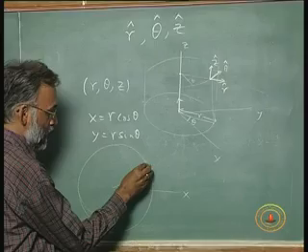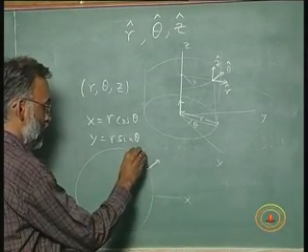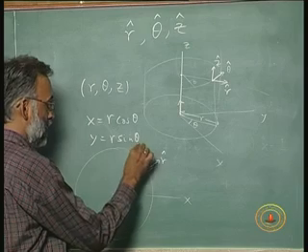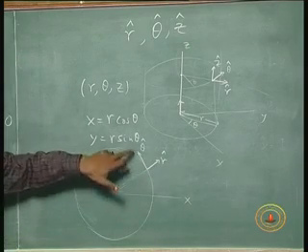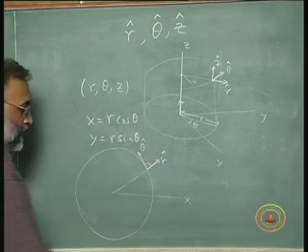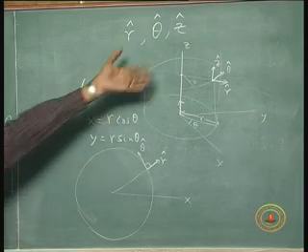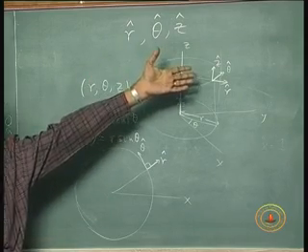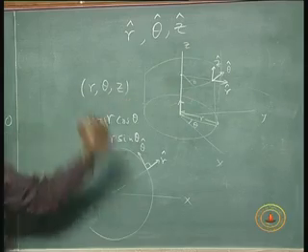So, the r is along the radius, theta is along the tangent. So, one is tangential, the other is normal. It is easy to show these two are 90 degrees. So, this is again an orthonormal set, but it is a very strange orthonormal set, very useful but very strange.